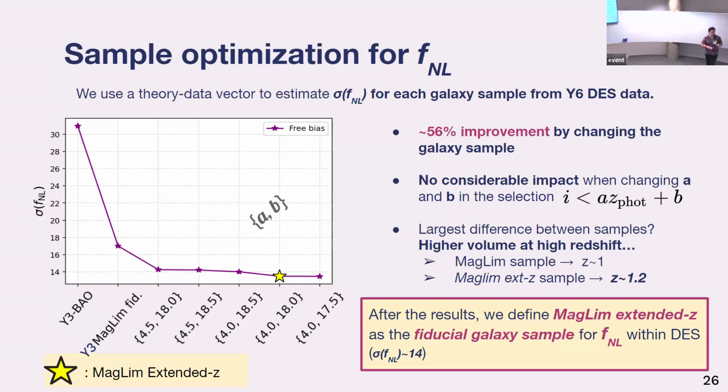The white video sample also has a magnitude cut that depends on redshift, like McLean, but it's a different and slower magnitude cut. And then additionally it has a color cut to try to select the galaxies. So it has a lower number density, and also the redshift is different. White video starts at 0.6 until 1.1, and McLean starts at a lower redshift.